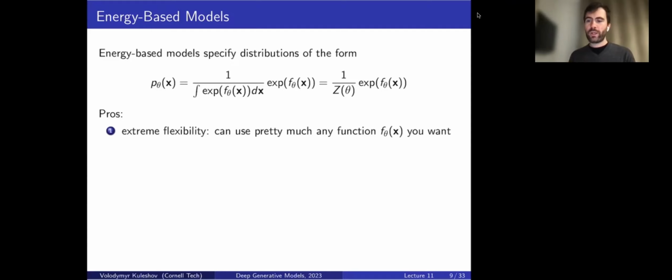In a flow model, we had to spend a lot of energy to define a certain bijective function between z and x. Here in an energy-based model, we make the least set of assumptions. In fact, any neural net or any parametric function approximator can be used to define f of x. And as soon as we have an f of x, our formula here gives us a valid probability distribution. So the main benefit of the energy-based framework is the extreme flexibility in terms of which representation we can use for our probabilistic model.